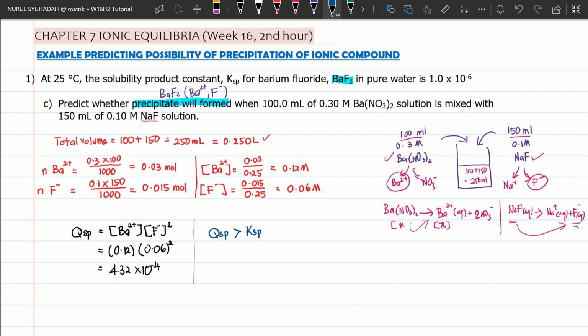So, go back to the table we made earlier: Qsp equals Ksp, smaller and bigger. So, if bigger, what do we have? Supersaturated solution. Okay, so since Qsp is bigger than Ksp, the conclusion is precipitate will form.